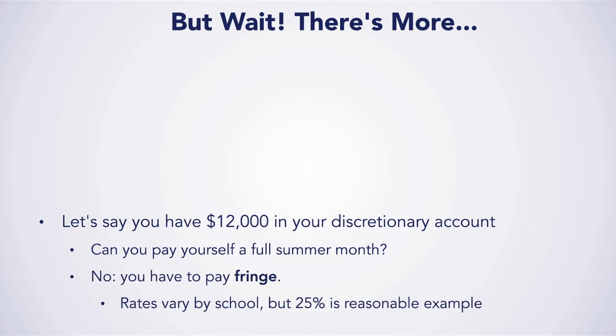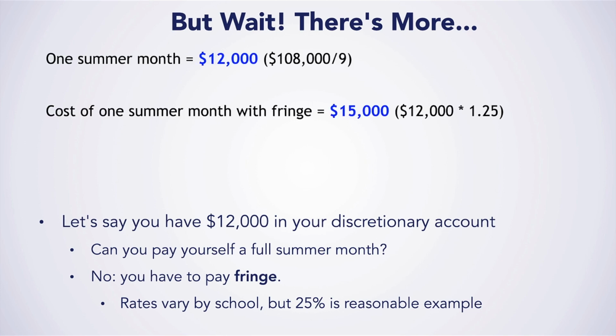There's this thing called fringe, which covers things like your health insurance, your other benefits, whatever other costs are associated with you that isn't just your paycheck. And the rates for these vary by school, but just as a reasonable example, let's say it's 25%. That means you need to take your one summer month, multiply it by 1.25, and you need to spend $15,000 of discretionary funds to pay yourself $12,000 of salary for your summer month.